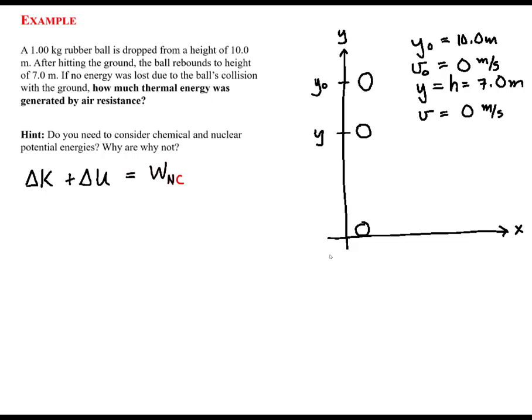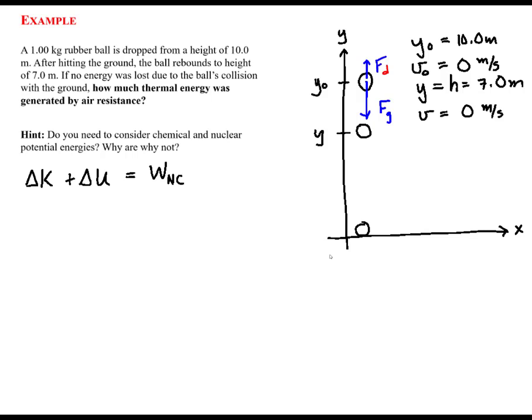So in looking at this problem, we know that we have the force of gravity acting downward on our object. And as our object falls and acquires speed, there is going to be a drag force, which is the force of air resistance, that will always act opposite the velocity of the ball.